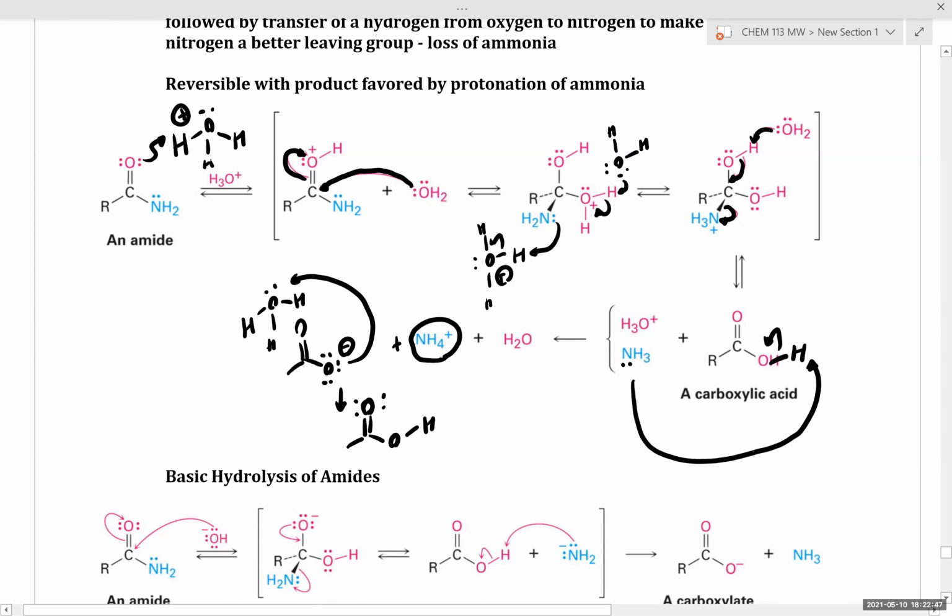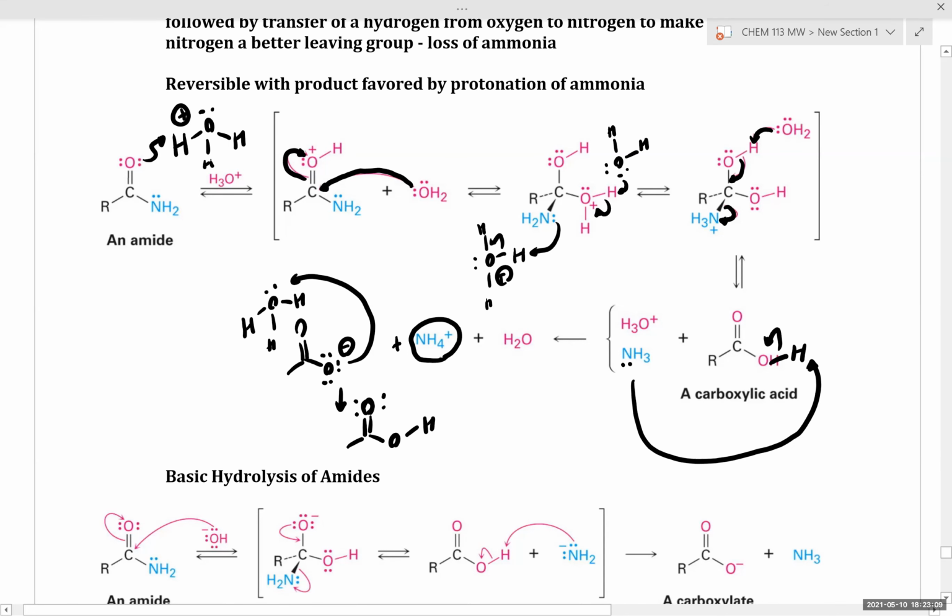No. And because we've protonated our leaving group and completely protonated our amine under these acidic conditions, we in turn have driven this equilibrium towards the product because the reverse reaction would not occur.